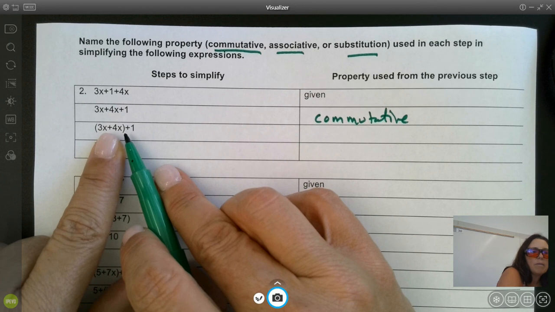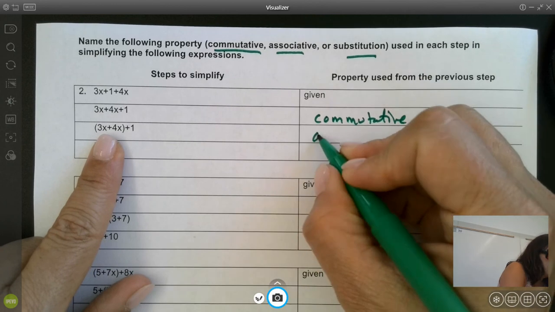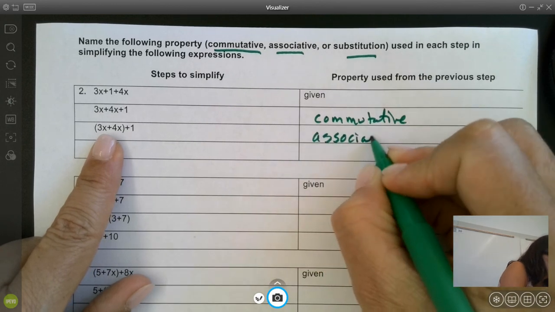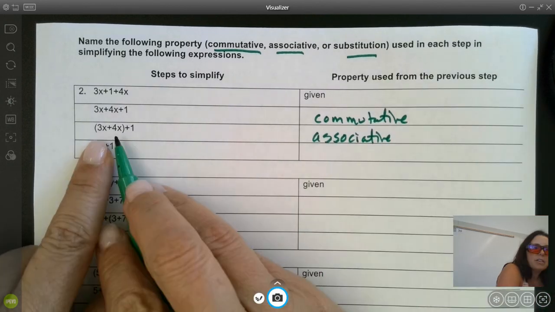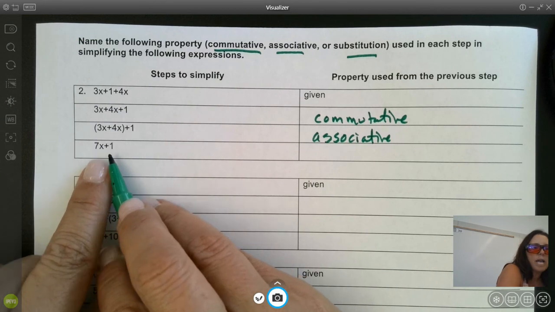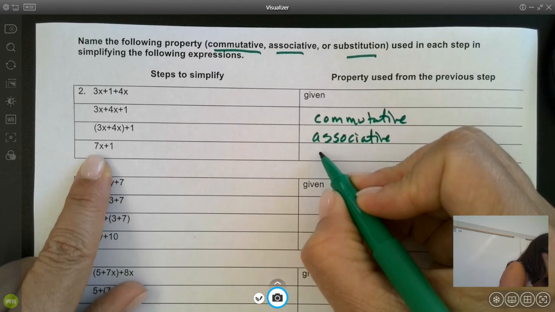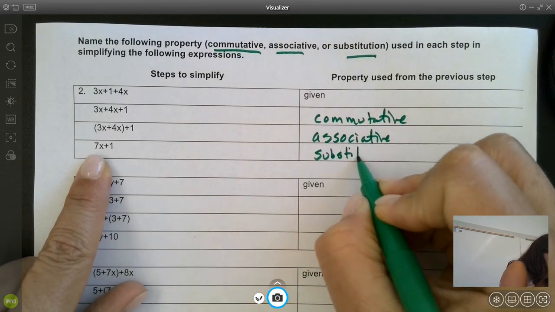Do you see parentheses were put in there grouped around the terms with the x? So that's associative. 3x plus 4x in this expression, what changed into this expression? We added those together to get 7x. So that is substitution.